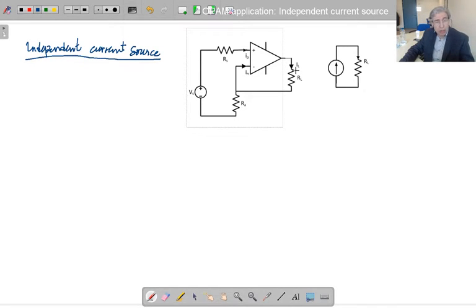Current does not change, but the voltage is determined by this load resistance value, of course, which is the multiplication of IL with the RL.